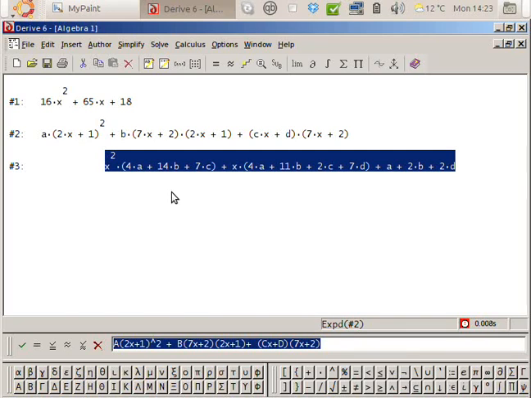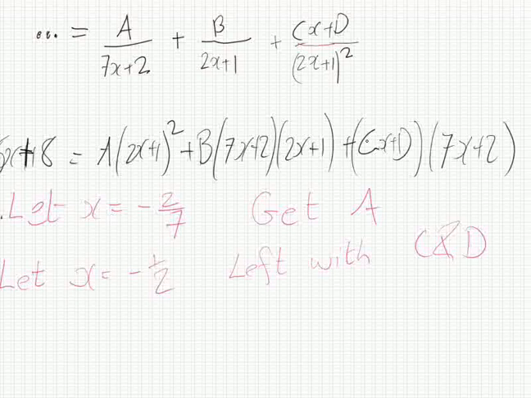Compare. So I say 4a plus 14b plus 7c equals 16. And then this one here, 65. And these three here, 18. So I make three equations with three unknowns. Where's A and B come from? There it is right there, I just wrote this out.